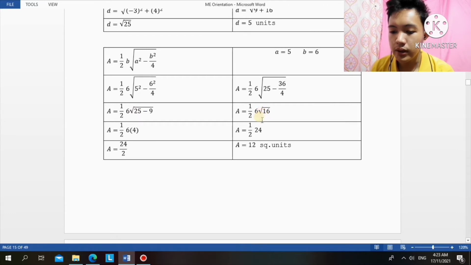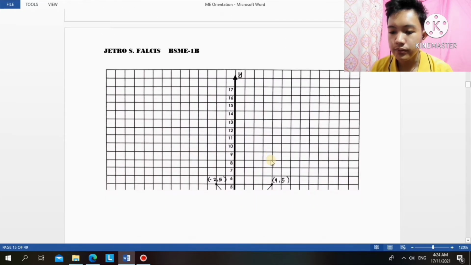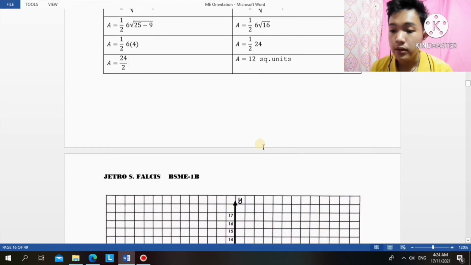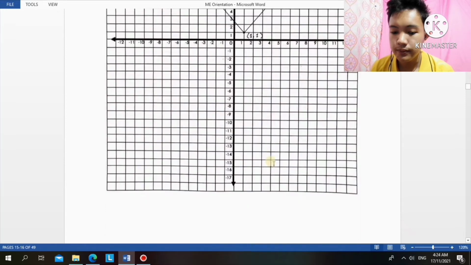So the square root of 16 is equal to 4. So area is equal to 1 half times 6 times 4. So 6 times 4 is equal to 24. Then 24 divided by 2 is equal to 12. So our area is equal to 12 square units. So the area of our isosceles triangle is equal to 12 square units.